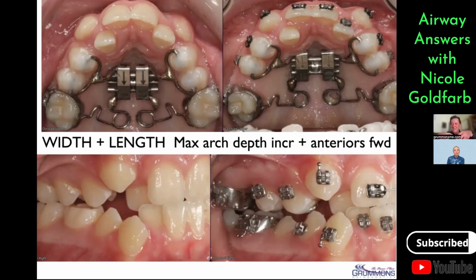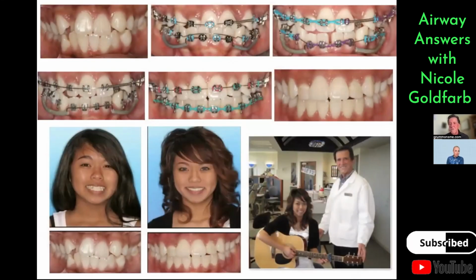But within the arch, we're getting width and we're getting length along the sides where we need it. And ultimately, we'll anchor these teeth to protect and preserve the space until we can move the other teeth into that space and bring the cuspids in without extracting something. So that's how the three-way works in principle, and it's not a retraction appliance. So I just want people to understand how it's used.